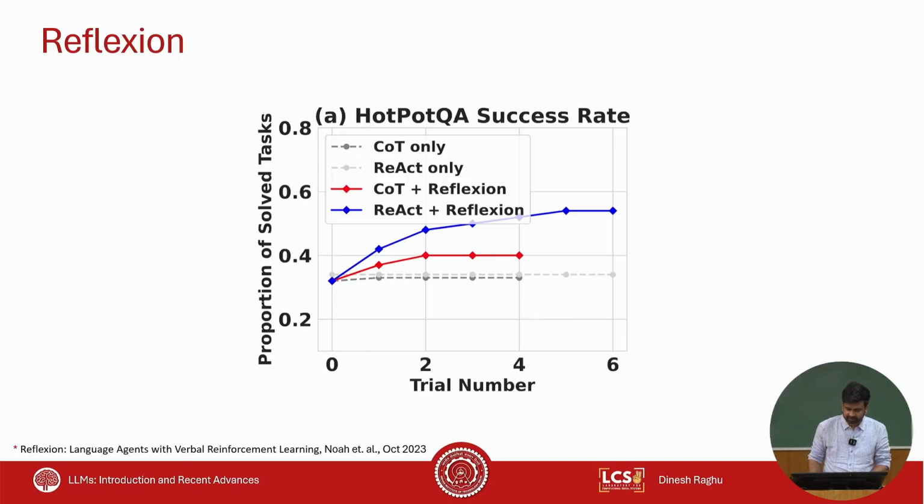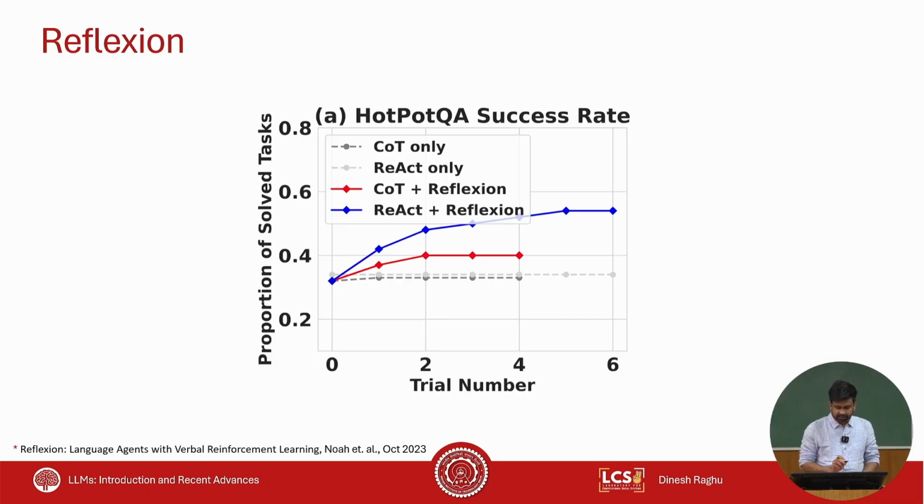And ReAct, again, depends on how you define the action space and how you define the observation. So you should take this graph with a pinch of salt. But again, it reflects what we saw in the ReAct paper, where if you only use ReAct separately, with whatever action space they define, then it's very close to CoT. So that also makes sense, right?